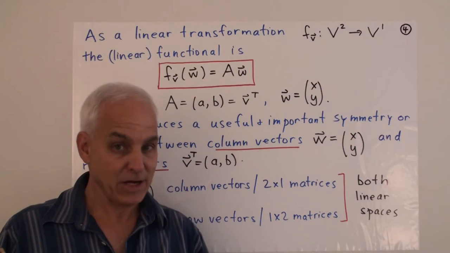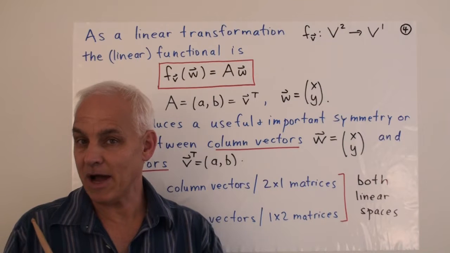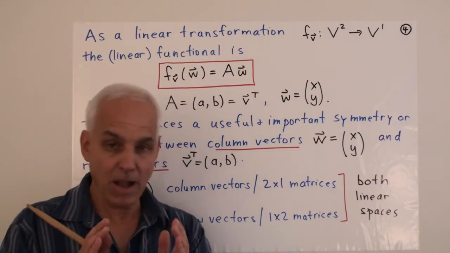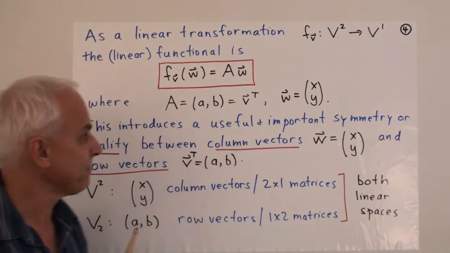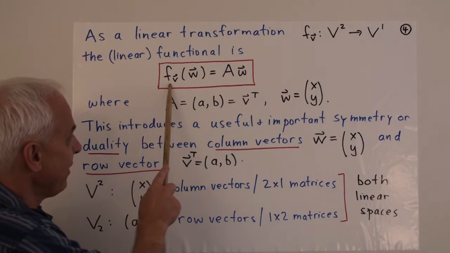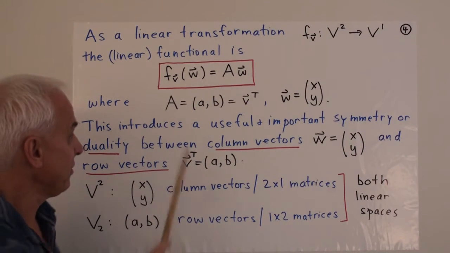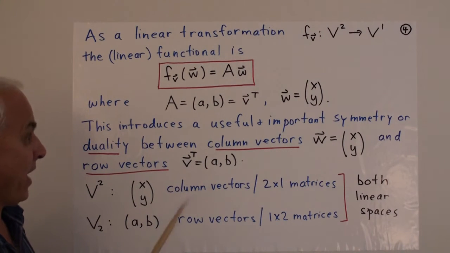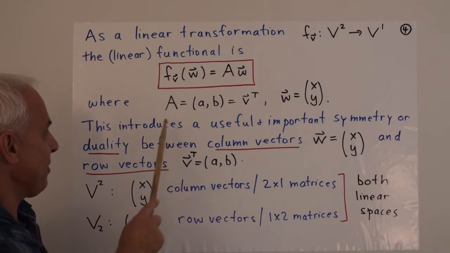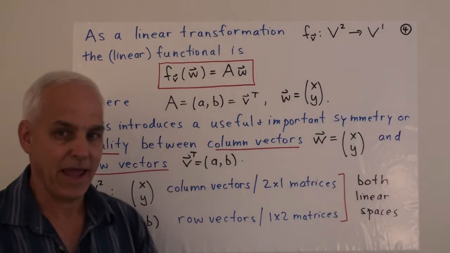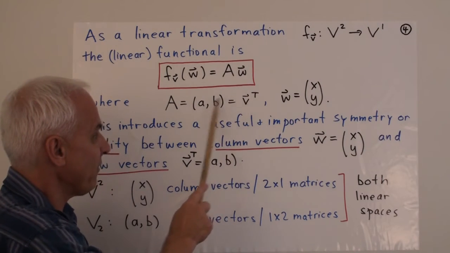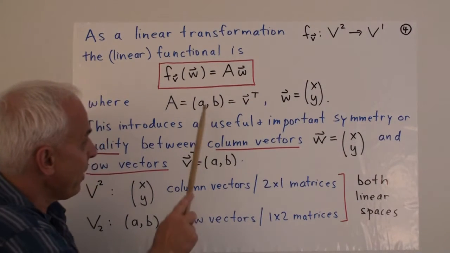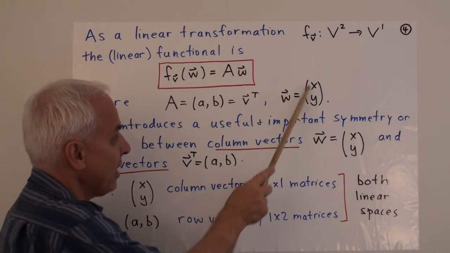Well, if it's a linear transformation, then it should be represented by a matrix, because we know that all linear transformations are essentially given by multiplying by matrices on the left. So we should be able to write this linear functional, f of v, in terms of multiplying by a matrix on the left. And indeed we can. The matrix is just the row vector (a, b), which is the transpose of the vector v that we're starting with. So if w is (x, y), then what happens if we multiply this matrix times this matrix?